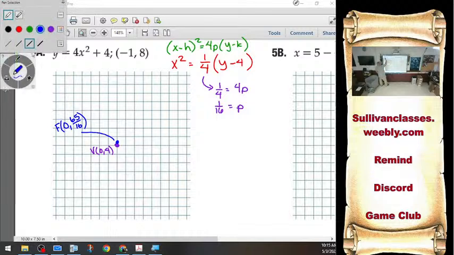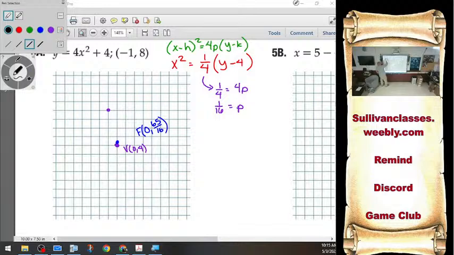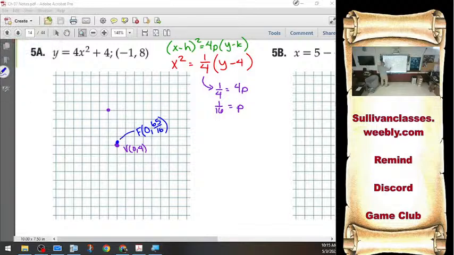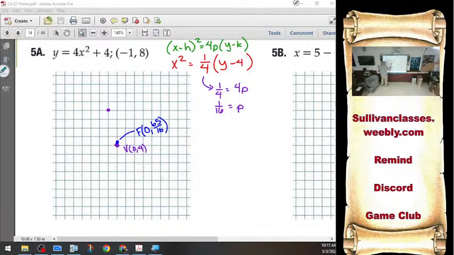Okay, it says we contain the point -1, 8. So -1, 8. 1, 2, 3, 4. Oh, I should put you over here instead. There we go. And I can mirror those points to make more of a graph. Remember, this is my axis of symmetry.